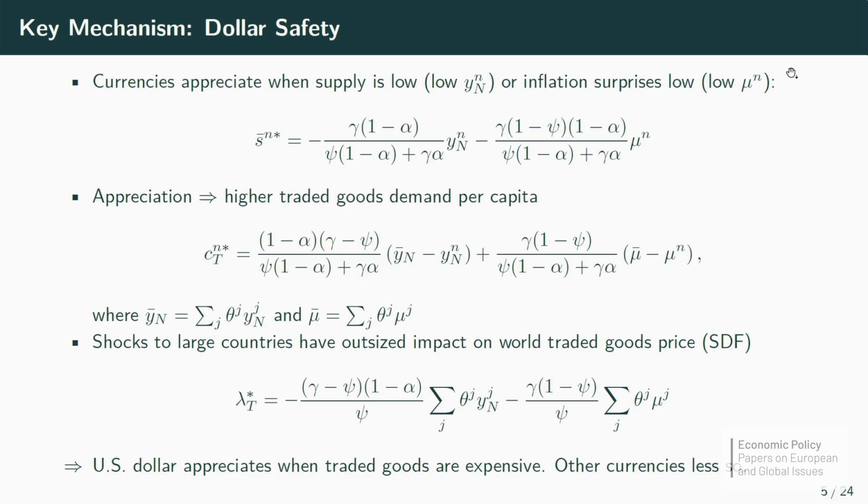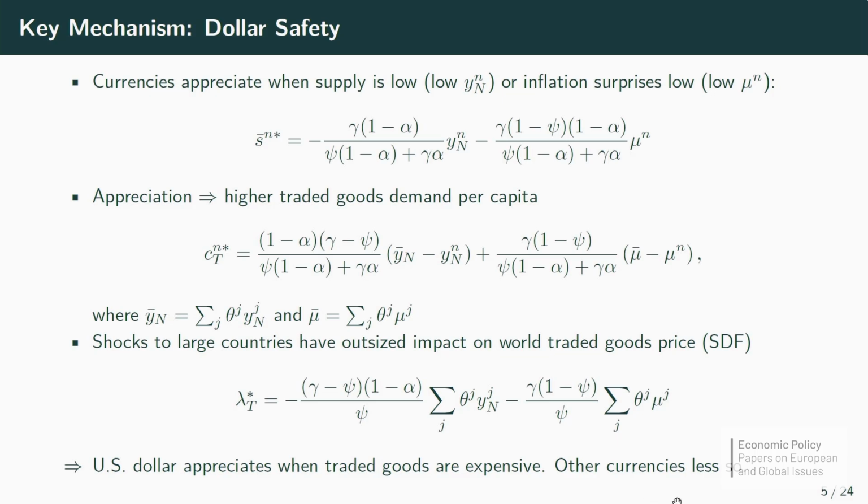If you have, say, a low inflation shock and your households are feeling particularly rich, so they're going to import more of the world's traded goods, well, because of how large the U.S. is, that's going to spill over more to the rest of the world, and that's going to drive the world price of traded goods up more. Okay, and so you can see that the impact of each country's shocks on the world price of traded goods is going to be determined by how large they are. Large countries have a larger impact.